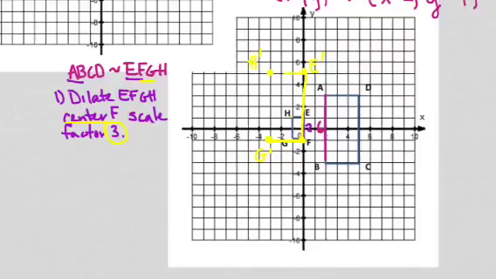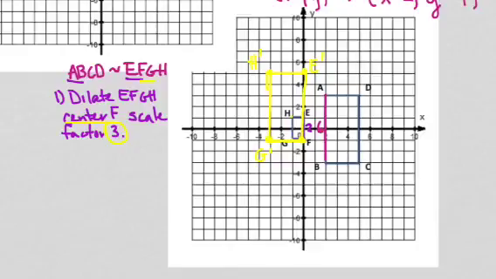So now I have a rectangle that is the same size as rectangle ABCD. And I chose to have the center at F. If I choose the center at the origin, I would still have the same size, but it would be down a little bit.